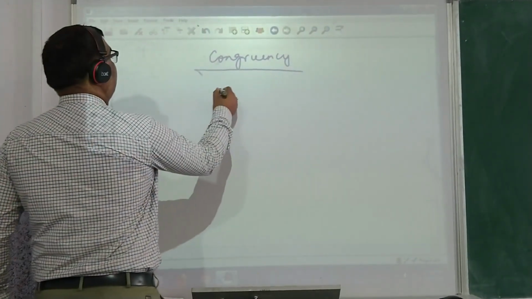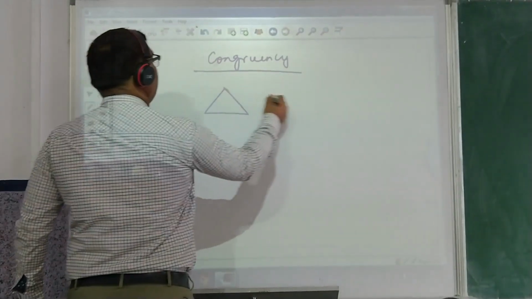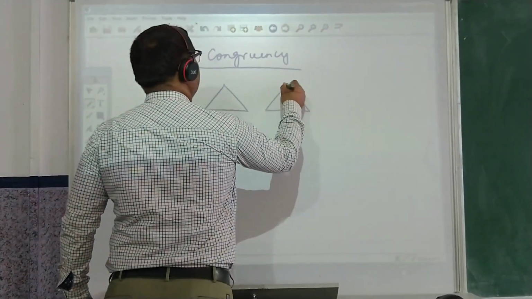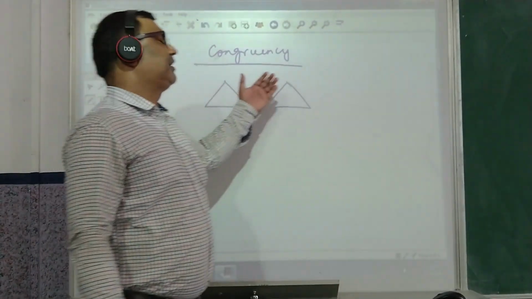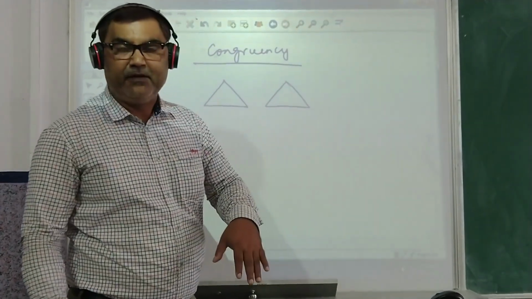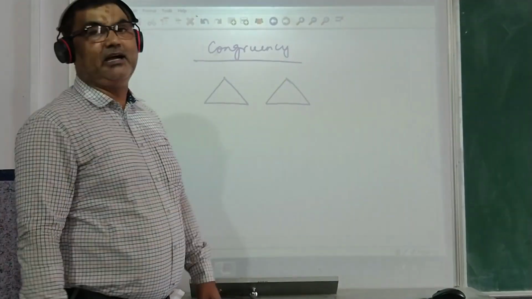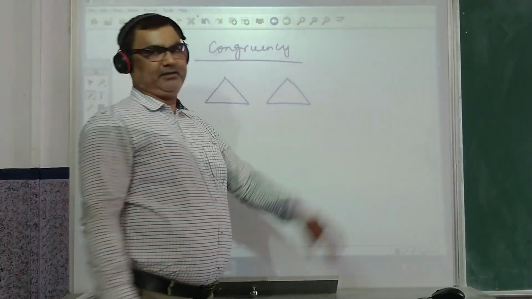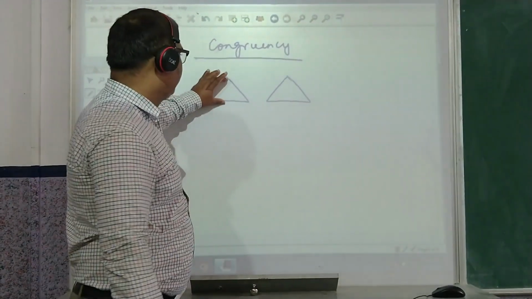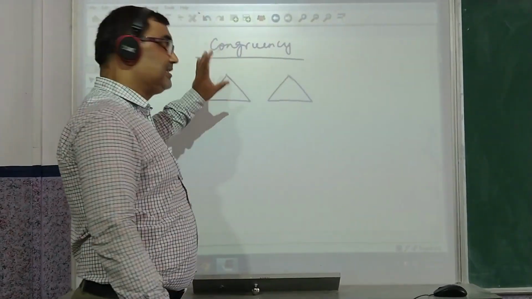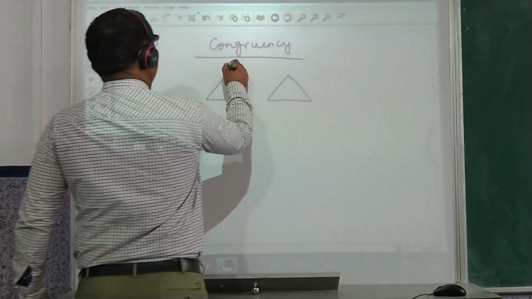For example, this triangle and this triangle are said to be congruent if by superposing one on another they exactly occupy one another. Means if you superpose this on this or this on this, they will exactly occupy.